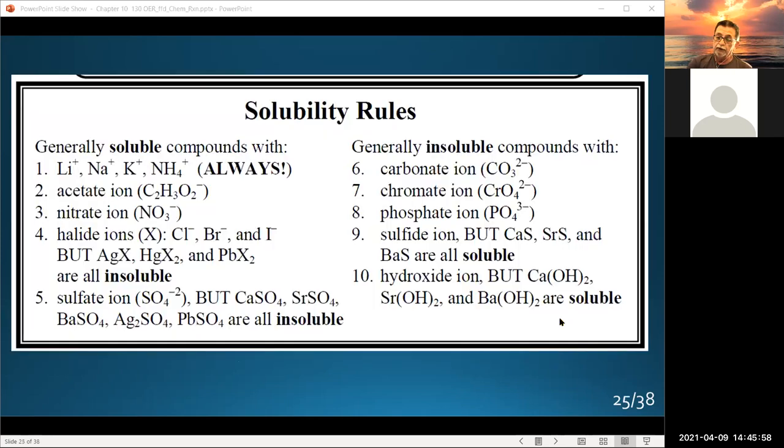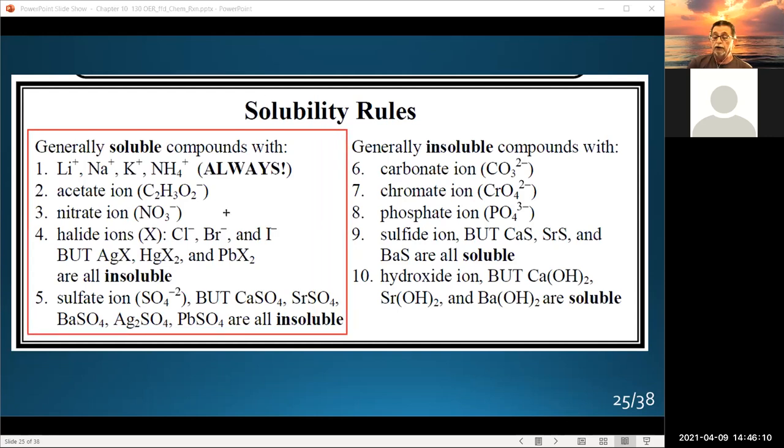I've gone through them before, but I will rehash them one more time to make sure that we're in the same boat. We have two columns here. The left column is the solubility. Number one, those four cations, whatever anion they're bonded with, are always soluble. The same is true for the acetate anion and the nitrate ion. Regardless of what the cation is, it will always be soluble.